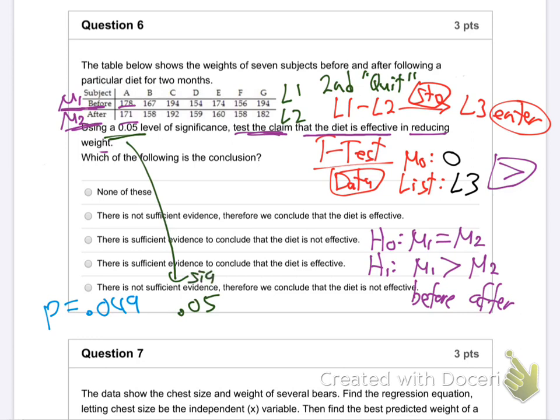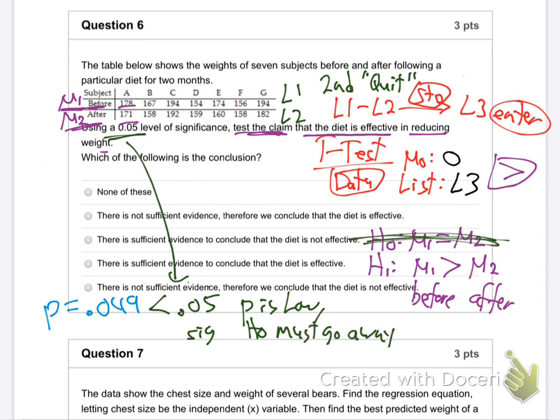So there's the significance level, 0.05. So what does that mean? Our p-value is less than that. Just barely, but it is, huh? So the p is low. So H0 must go away. So H0, bye-bye.